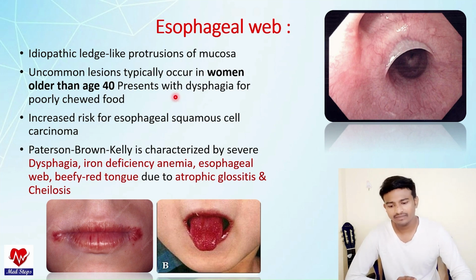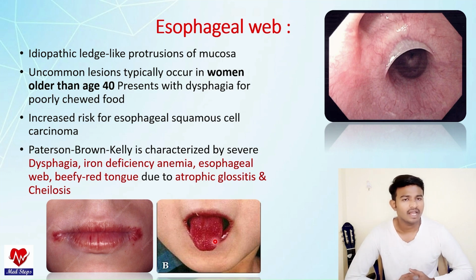If you see this picture, this is cheilosis, because around the lips some cracks form and there is a painful sensation. This is the beefy red tongue, right? For esophageal web, what is the treatment? In treatment, they will give endoscopic dilation.